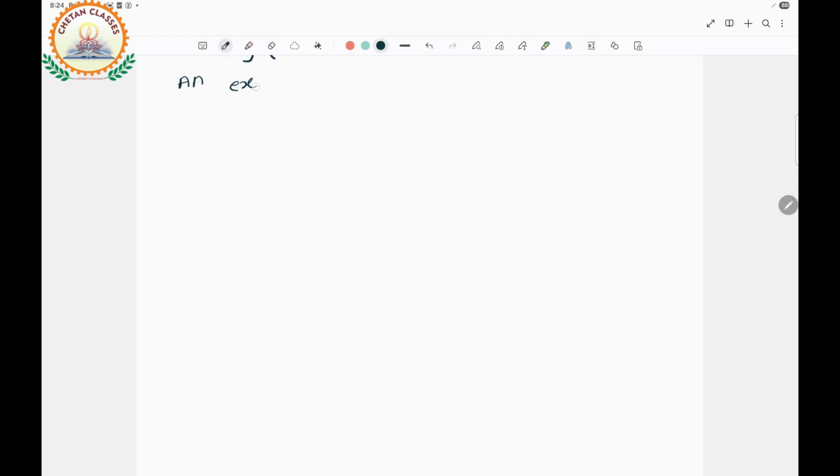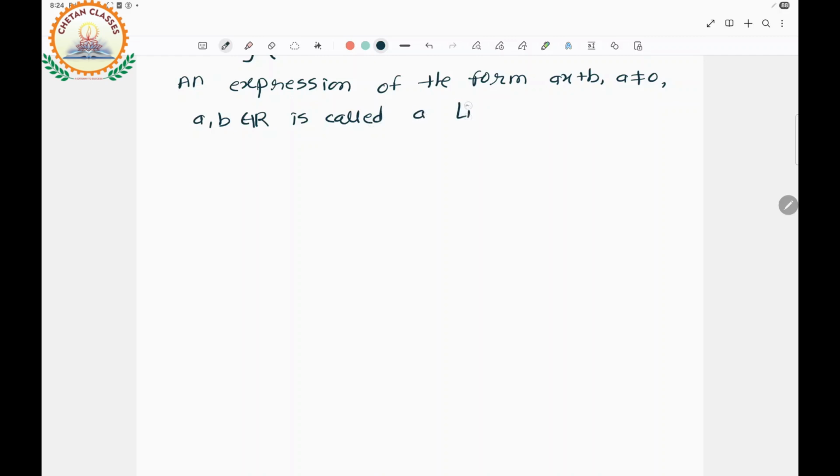An expression of the form ax plus b, where a is not equal to 0 and a, b belongs to real number, is called a linear expression or linear factor.